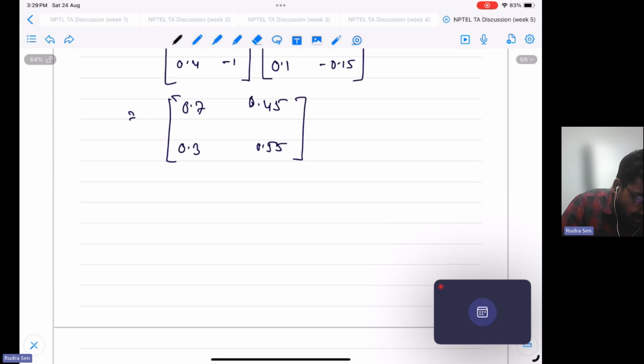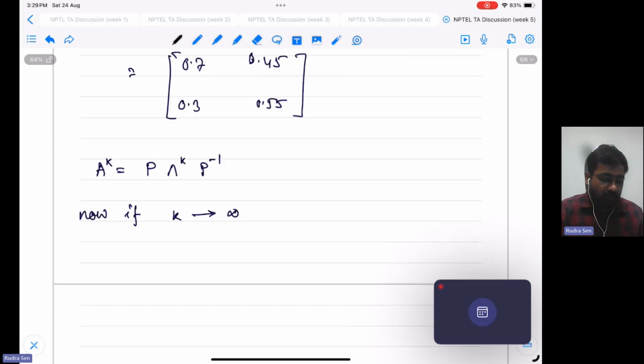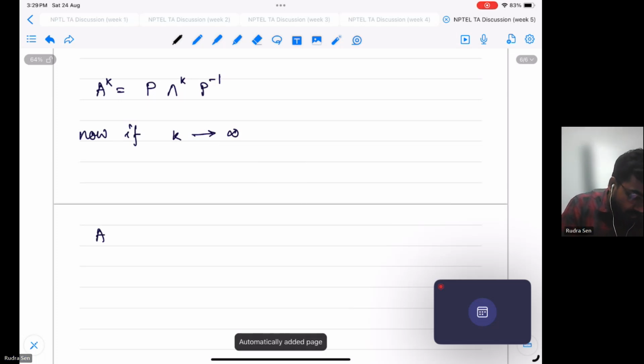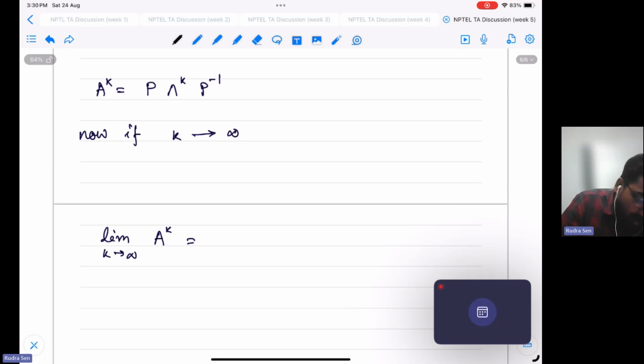That means from here we can see that A to the power k is P into lambda to the power k into P inverse. Now, if k tends to infinity, we get the limit as k tends to infinity of A to the power k equals limit of P lambda to the power k P inverse.